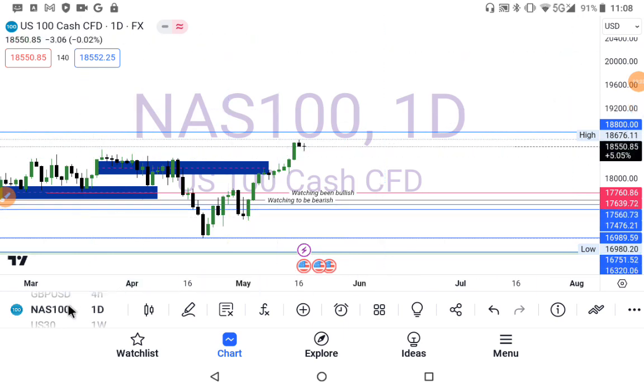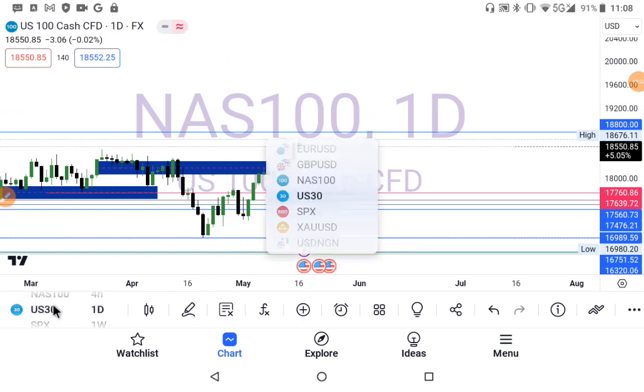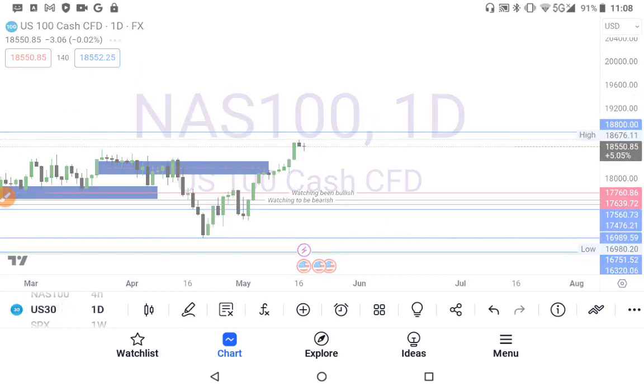So let's move into Dow Jones, Dow futures.